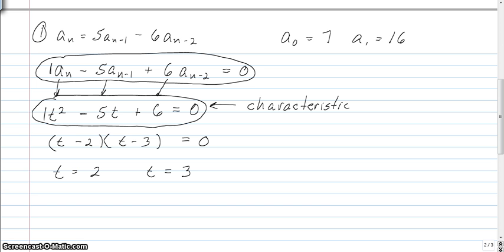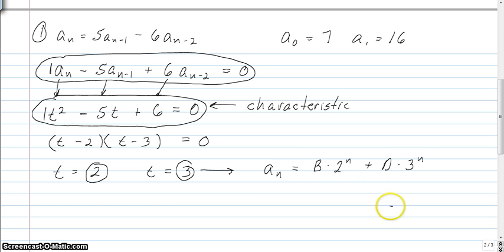And anytime we get two different solutions, two distinct solutions to the characteristic, that tells us that the general form of the solution to the recurrence relation is some constant times this first value to the n plus some other constant times this value to the n.